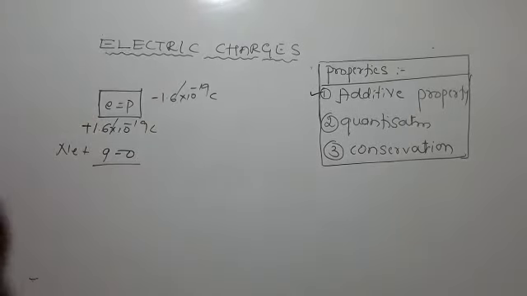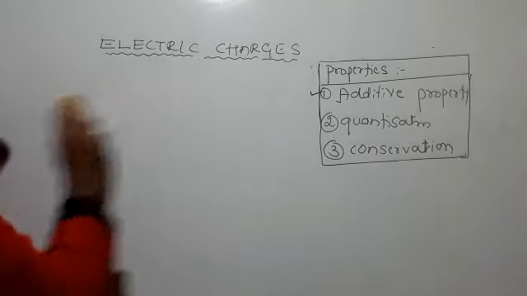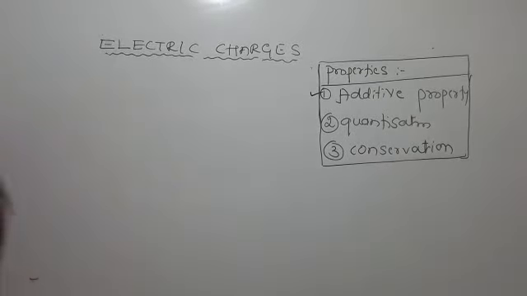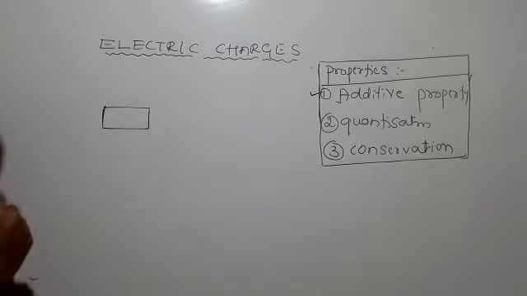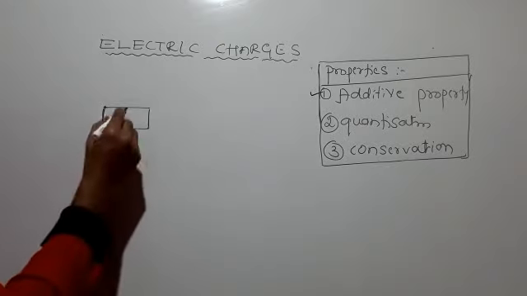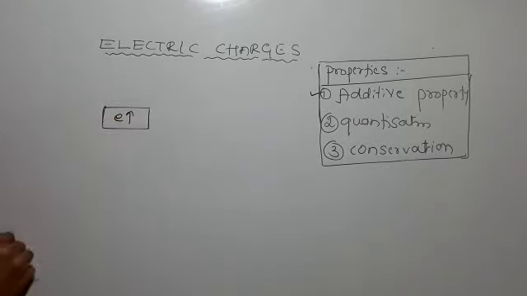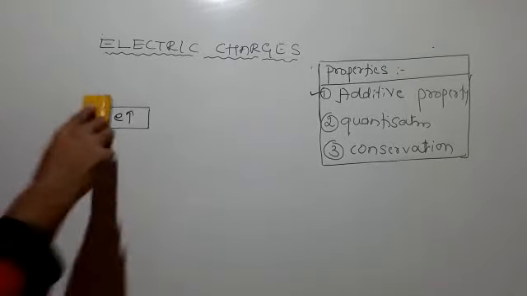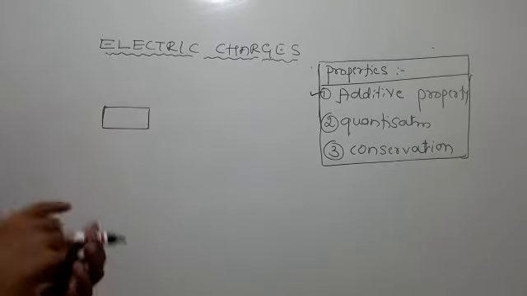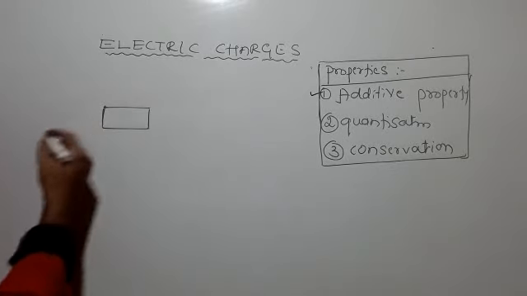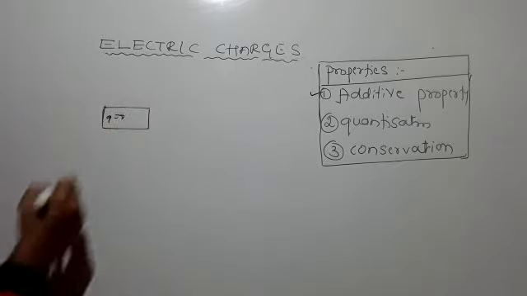Now, for a negatively charged conductor, the number of electrons must be greater than the number of protons in the conductor. Then it is said to be a negatively charged conductor. Now see how to charge it. I want to make this conductor negatively charged. Basically, the net charge Q is equal to 0.